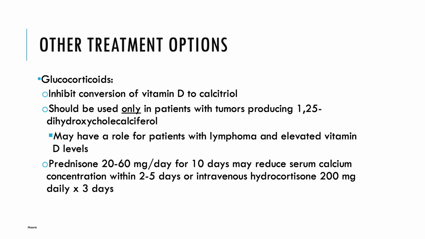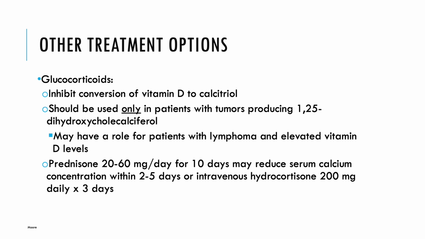Another treatment option we have that should only be used in patients with tumors that produce calcitriol are glucocorticoids, and these work by inhibiting the conversion of vitamin D to the calcitriol, so that makes sense as to why they should only be used with that pathophysiology. They could also maybe have a role for patients with lymphoma and elevated vitamin D levels.